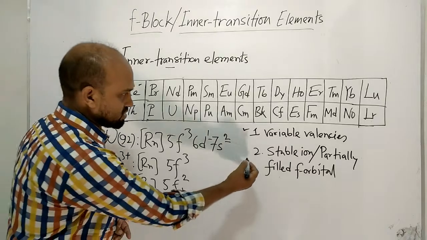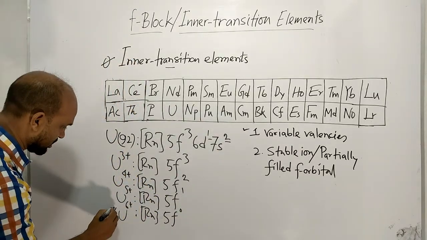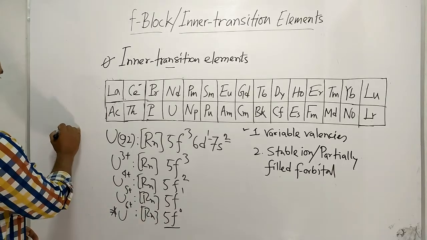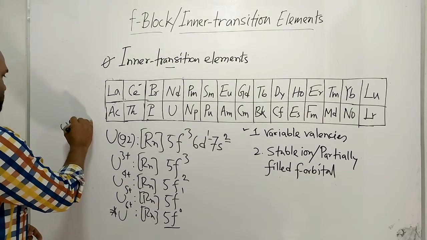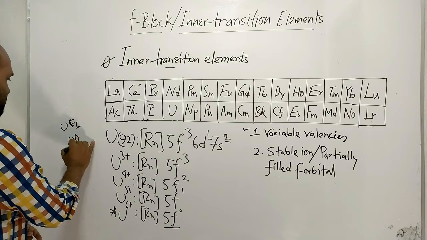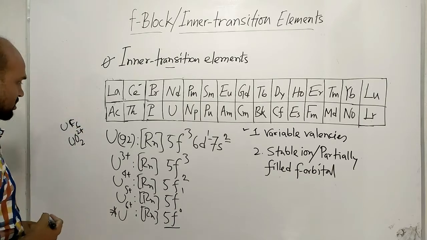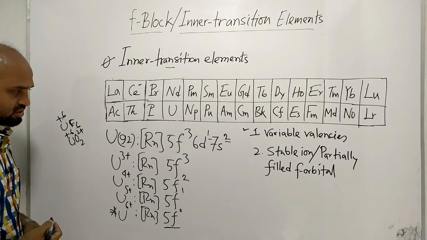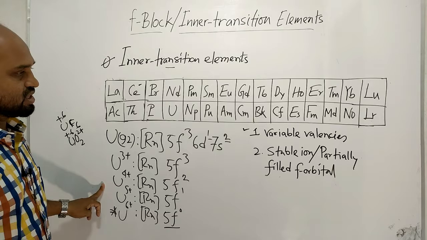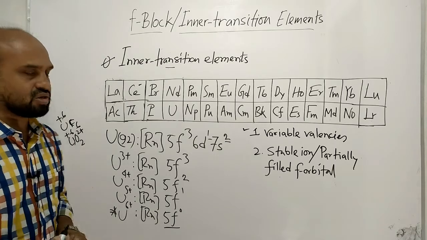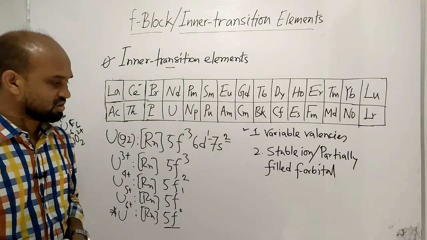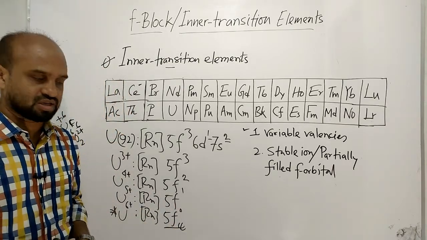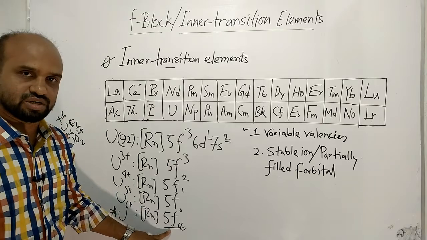And another point is stable ion. This is a stable ion actually, but here f orbital is vacant. The compounds are uranium hexafluoride, uranyl. This is called uranyl ion. Here +6, here oxidation number +6. So it is showing variable valencies. That is why it's a kind of inner transition element, though the second point is not satisfied, that is partially filled, this is vacant.